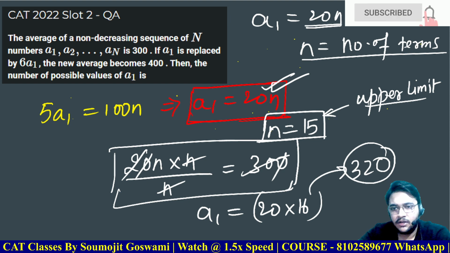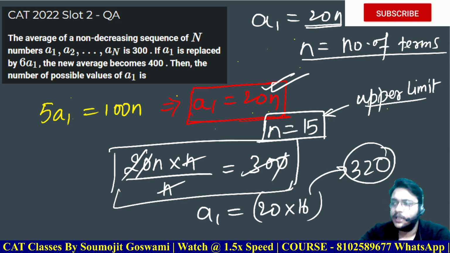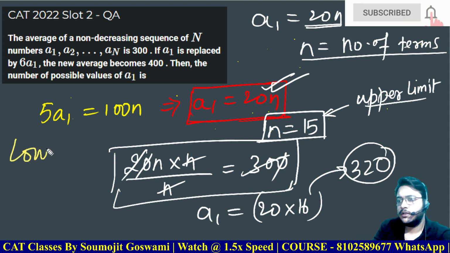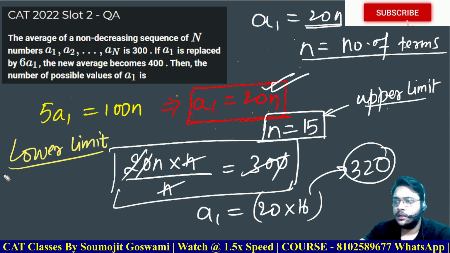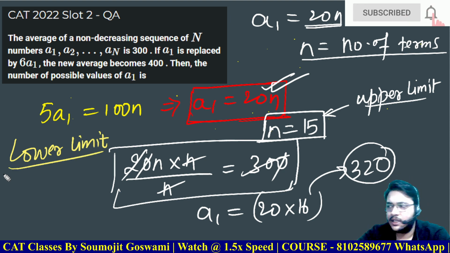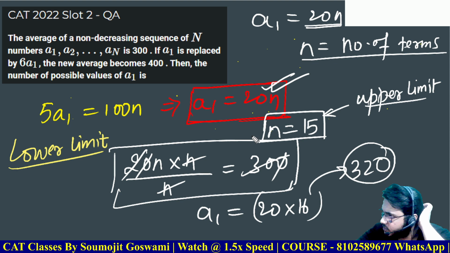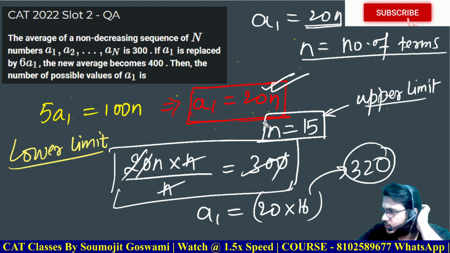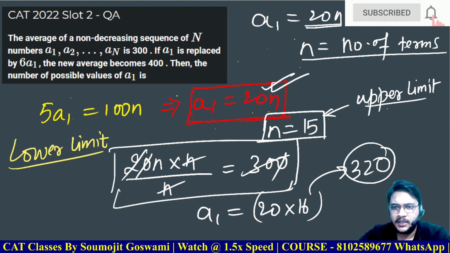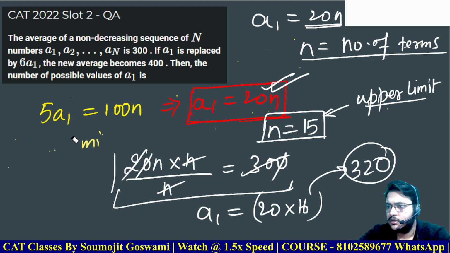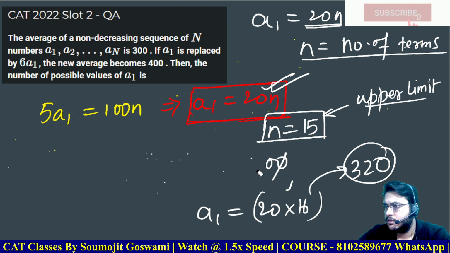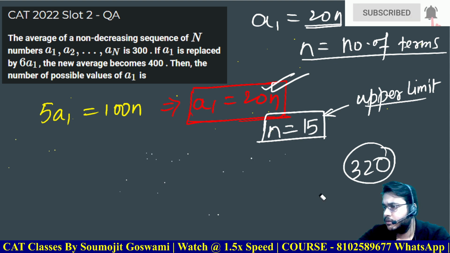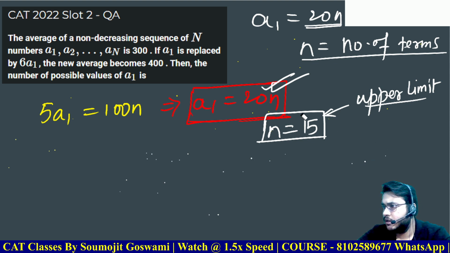So basically now we are looking at the lower limit. Okay, how do we calculate the lower limit? The same thing, we will use some ideas. All the important ideas are with you.